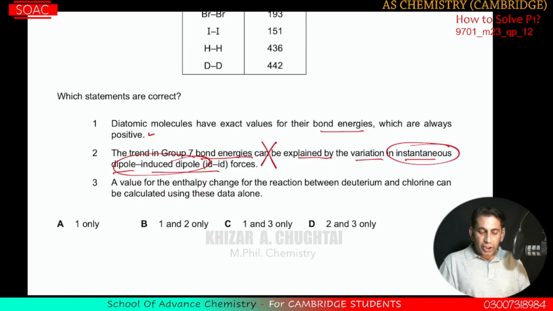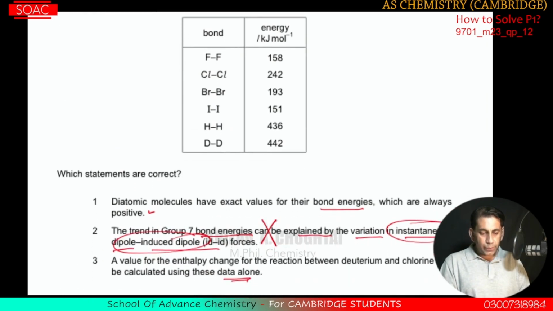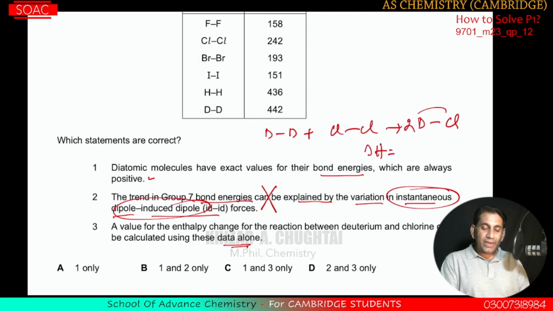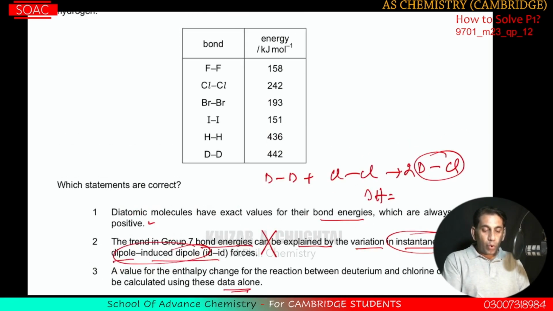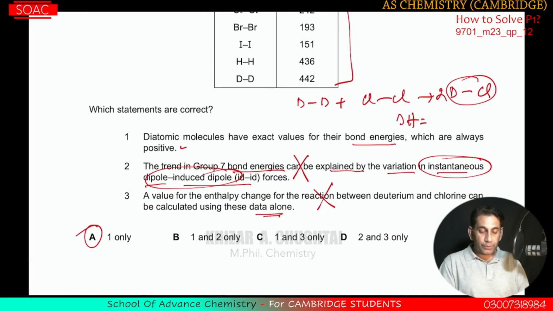Values for enthalpy change for the reaction between deuterium and chlorine can be calculated using these data. No, we cannot calculate it just using these data. The reason is, for example, if I react DD with Cl2, obviously they are going to make DCl, 2 mole of DCl. So to find the answer of delta H, we need the bond energy of DCl. There is no bond data of DCl present. So the third option is again incorrect. One only, I mean A is the correct option.